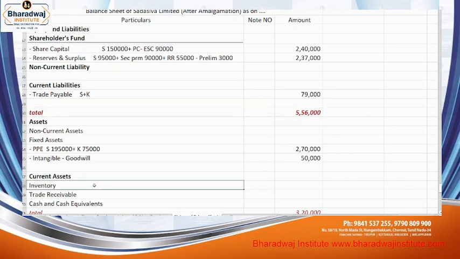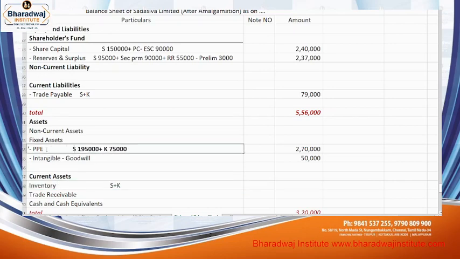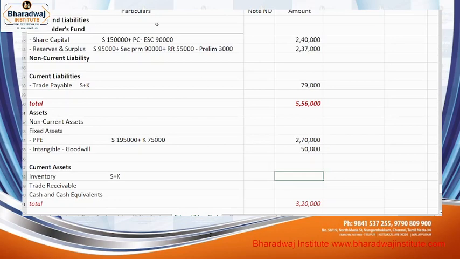Current assets, S plus K you can add. Trade receivables also, S and K you can add.